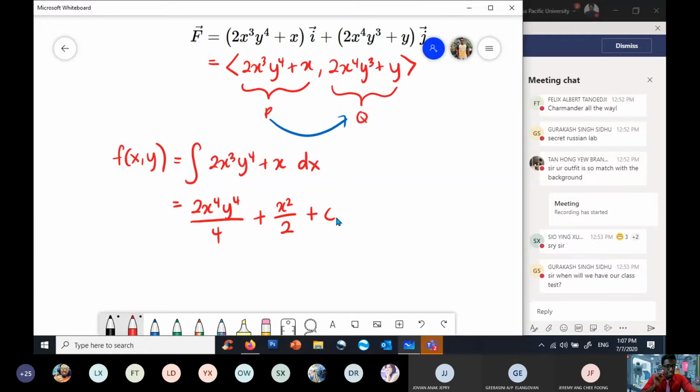But in this case, you must take note of this. As I said just now, because you are integrating with respect to x, your y is a constant. So why you want to write c when you know that your constant is in terms of y? It can be in terms of y.